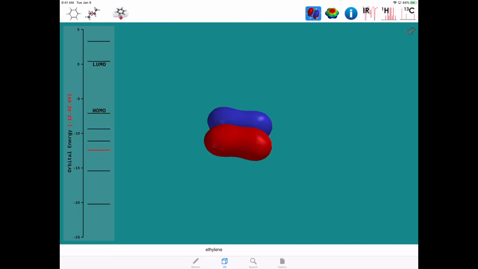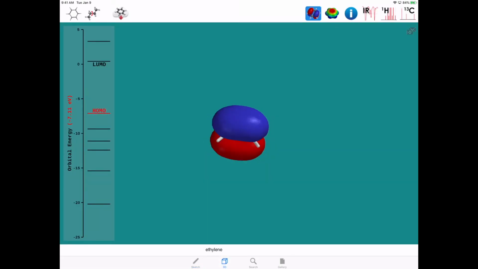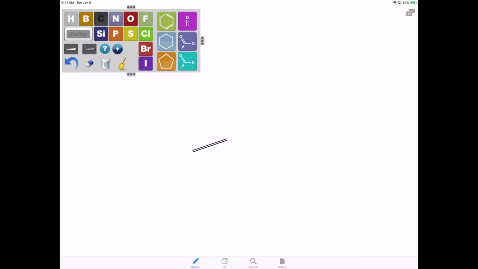Let's just compare that with adding a methyl group. And again, I want you to remember the number on the HOMO, which is minus 7. We'll go back and look at the numbers if we need to.